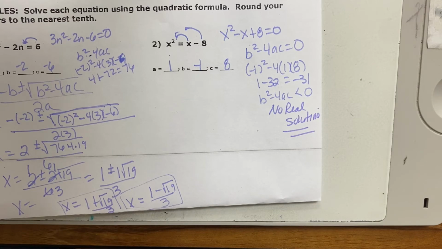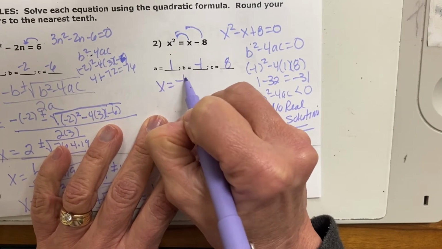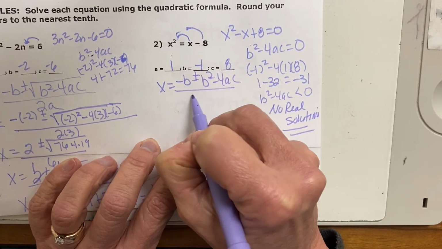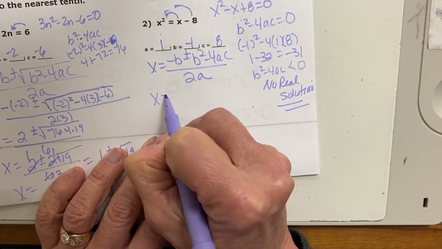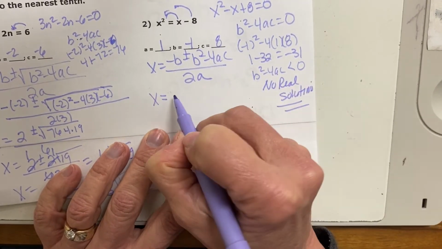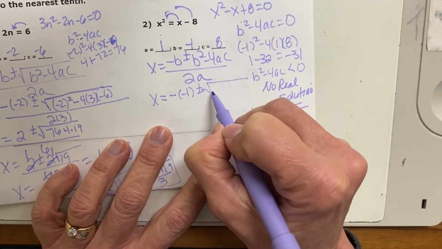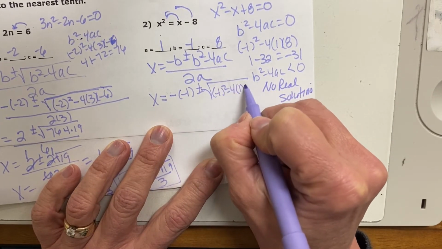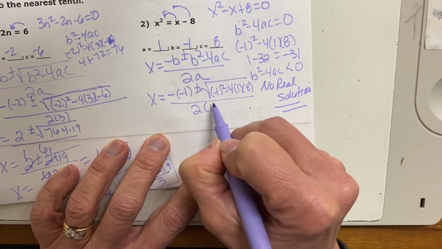So let's go in and see if we are correct, because we have to show our work. So we have x is equal to negative b plus or minus the square root of b squared minus 4ac all over 2a. We go ahead and plug in, and we have x is equal to negative 1 plus or minus, get a big square root, negative 1 squared minus 4 times 1 times 8 all over 2 times 1.